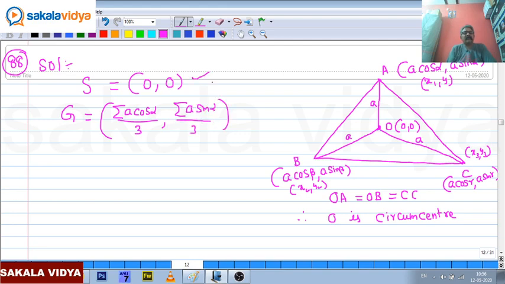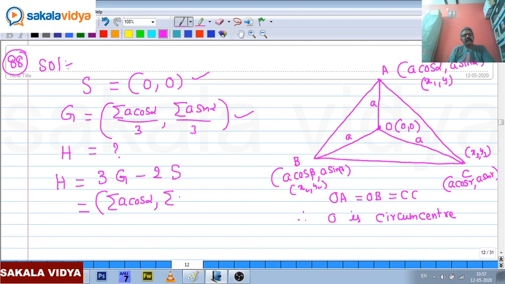As we know the circumcenter and centroid, orthocenter easily we can find out. So orthocenter is equal to, we have one formula, 3 centroid minus 2 circumcenter. This is the relation. So 3 times the x coordinate, 3 cancels, y coordinate 3 cancels. We get sigma a cos alpha comma sigma a sin alpha minus 2 into 0 comma 0.